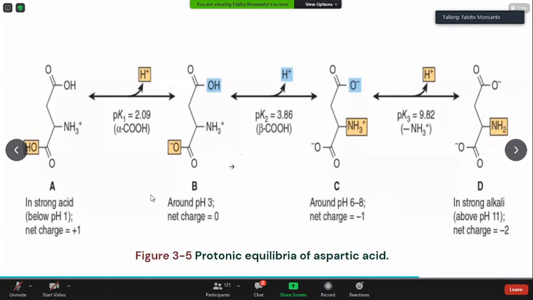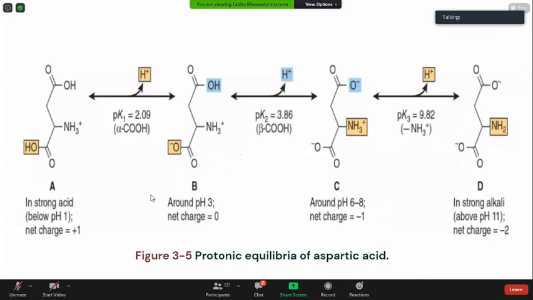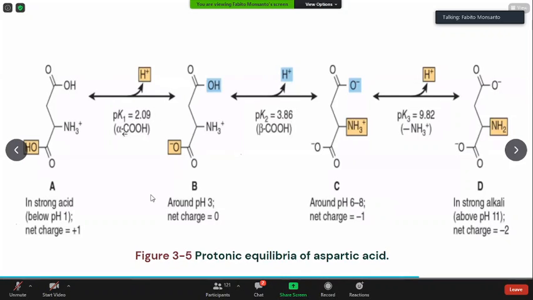This is the negative logarithm of the dissociation constant at this pH of aspartic acid. Did you get it? Don't worry, I will not be asking you about this. I just want you to know what this is.